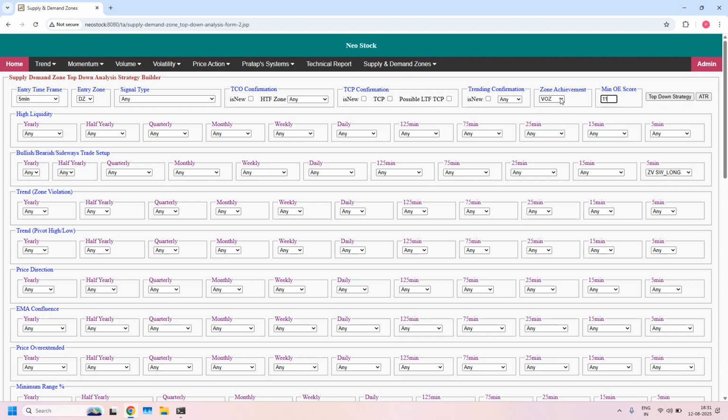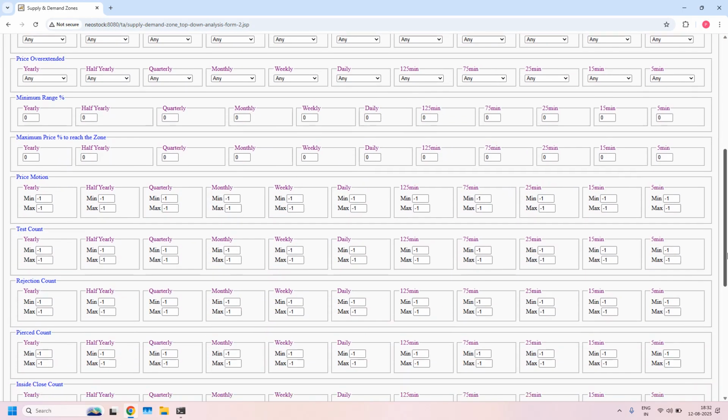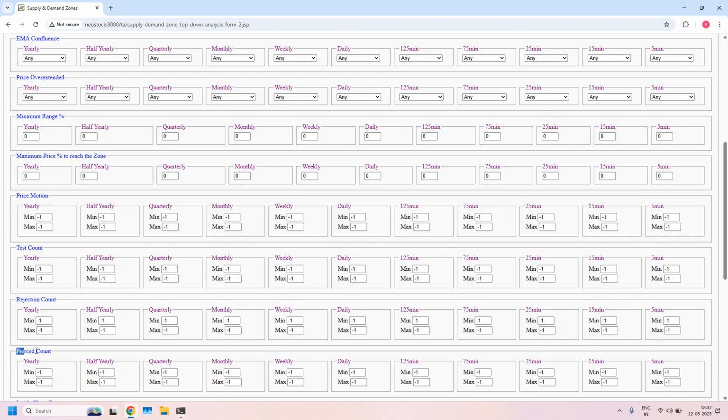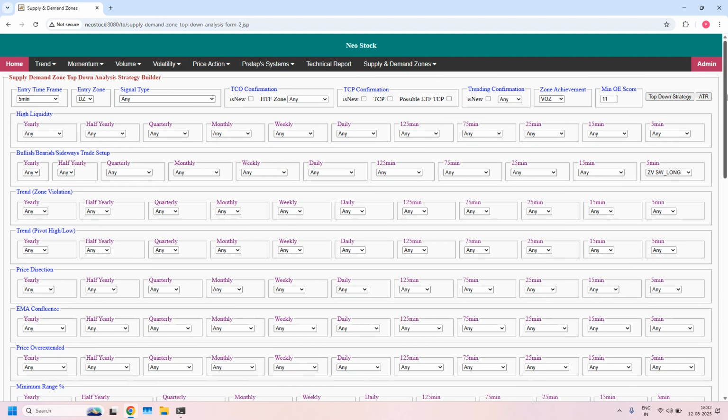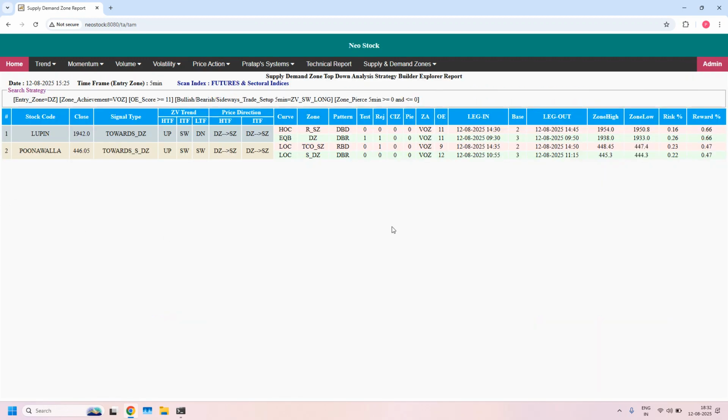Minimum odd and enhanced score 11, and also the 5 minutes demand zone should not be pierced. So in the pierced count at 5 minutes time frame, minimum value 0, maximum value 0. With these filters, we got 2 stocks. Sideways long trade setup for hourly income trade. Entry time frame zones are 5 minutes demand zones.